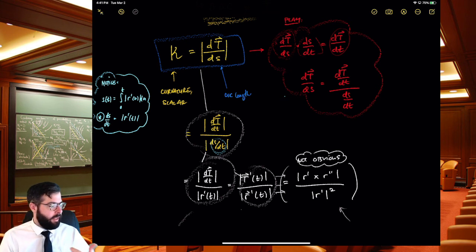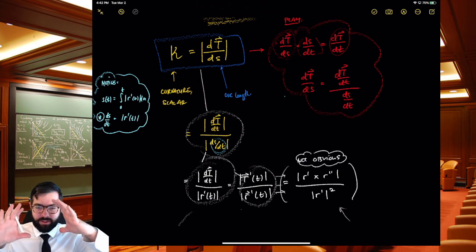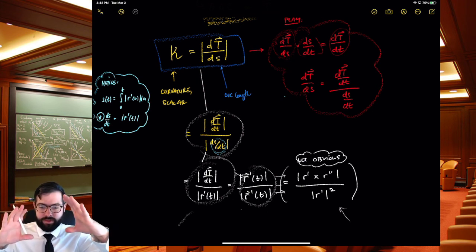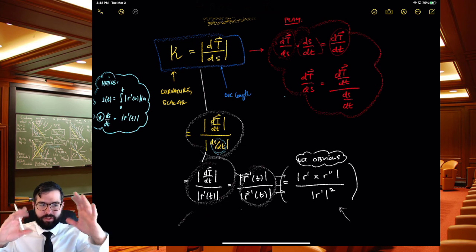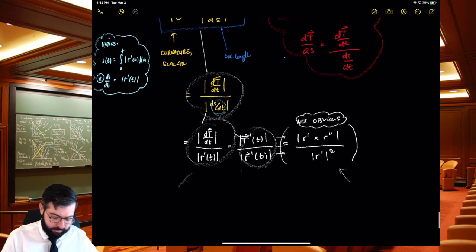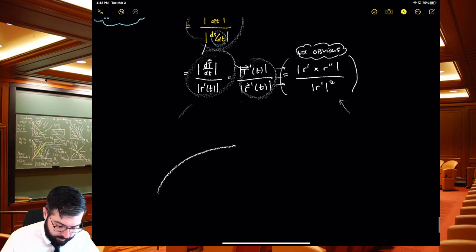So there is a notion which is called the radius of curvature, which is the reciprocal of kappa, and how it's related is essentially the radius of the circle that would best fit and just kiss the curve at that point of tangency. So you can think about measuring how curvy something is. Let's say here's my r of t.